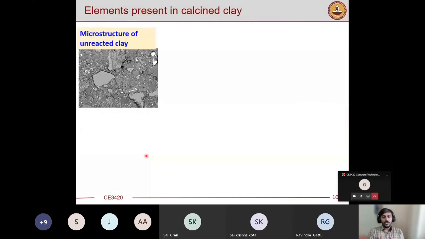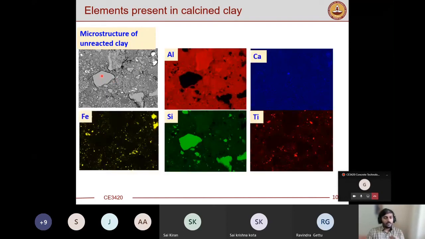Let's look at a clay, like what all is present in the clay when you look in a microscope. So this is one of the kaolinite clays which we have put under a microscope and tried to look at the different phases. And then what we did was we color coded the different elements, right? So this was done using an experiment called elemental analysis.